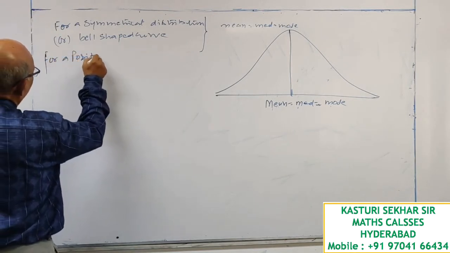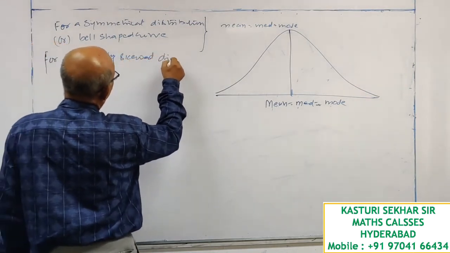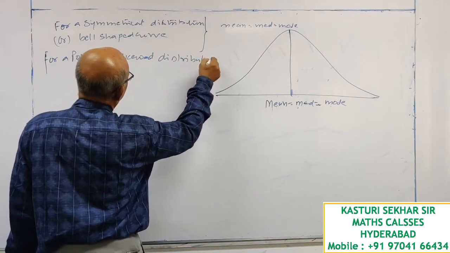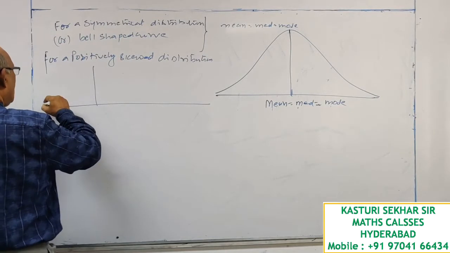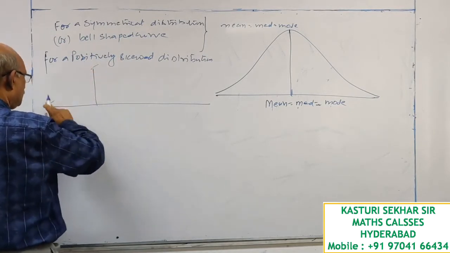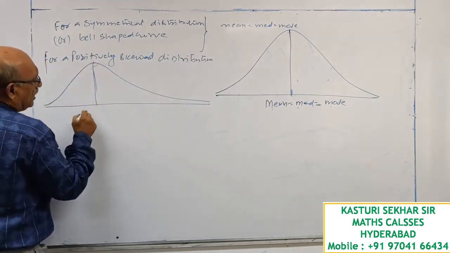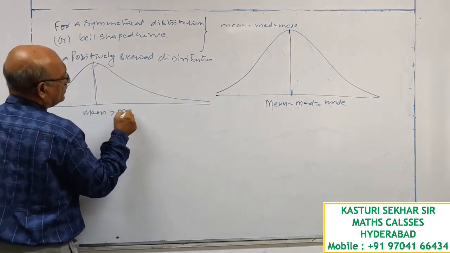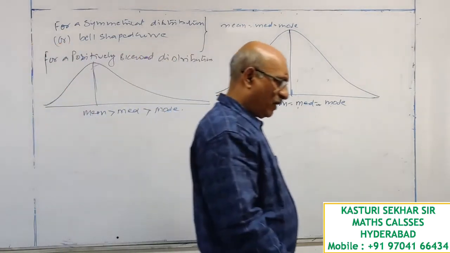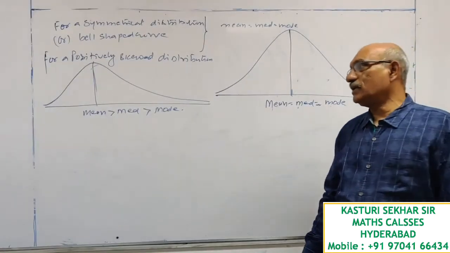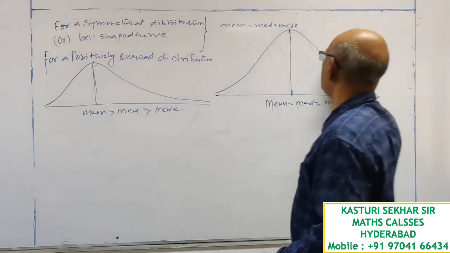For a positively skewed distribution, more area is on the right hand side and maximum frequency is at the beginning. Mean is greater than median, median is greater than mode.